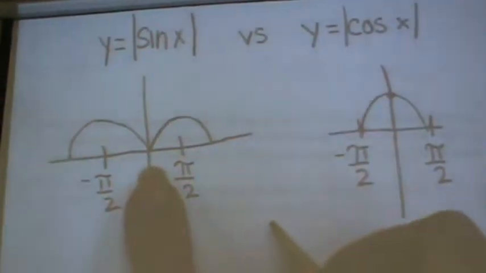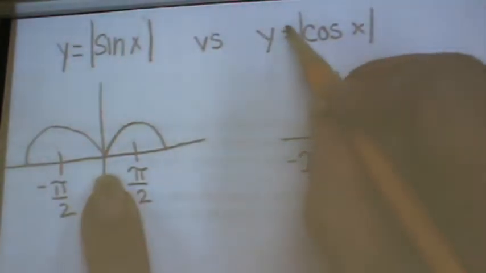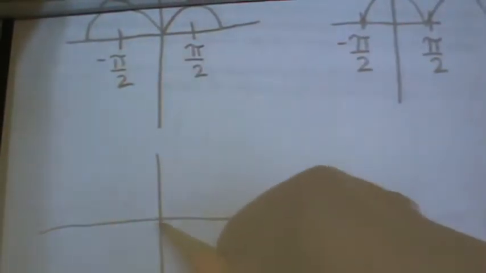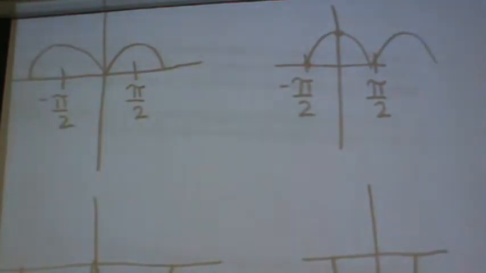So this one looks like that. Now, if you saw a negative under here, these would be upside down. So if it was a negative, it looked like this. And this one would be like that. So how are you gonna remember the difference between them?